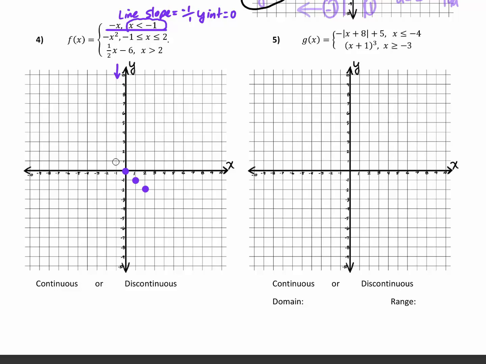Let's maybe go up and back 1. Up 1 and left 1 is still that same negative falling slope. And now that I've graphed a couple of these points, I can see that I'm in the right location, which is good. You don't want to build in the wrong location and then keep the wrong half or anything like that. So just putting a bunch of dots out here. Let's go back to our instructions. We are not allowed to build on -1, so even this dot itself is going to get erased.